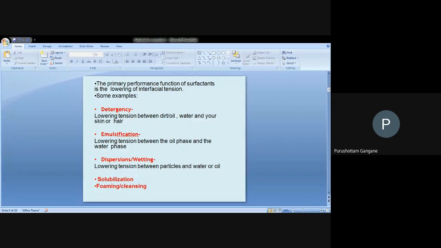First property is that the solid should be insoluble. To prepare the suspension, your solid should be insoluble in that solvent. If your solid is soluble in the solvent, what happens? It becomes a solution. It will not produce the suspension. But due to this insolubility property, most of the time the solid does not wet.